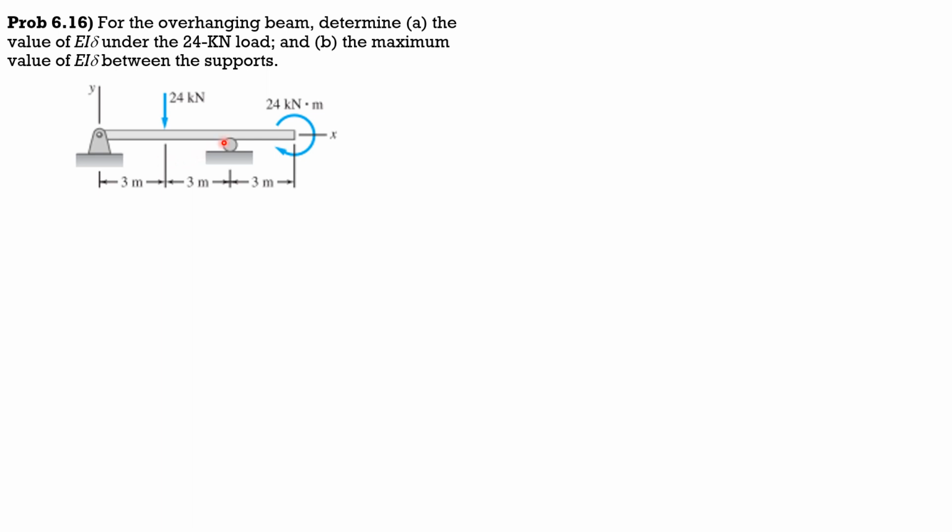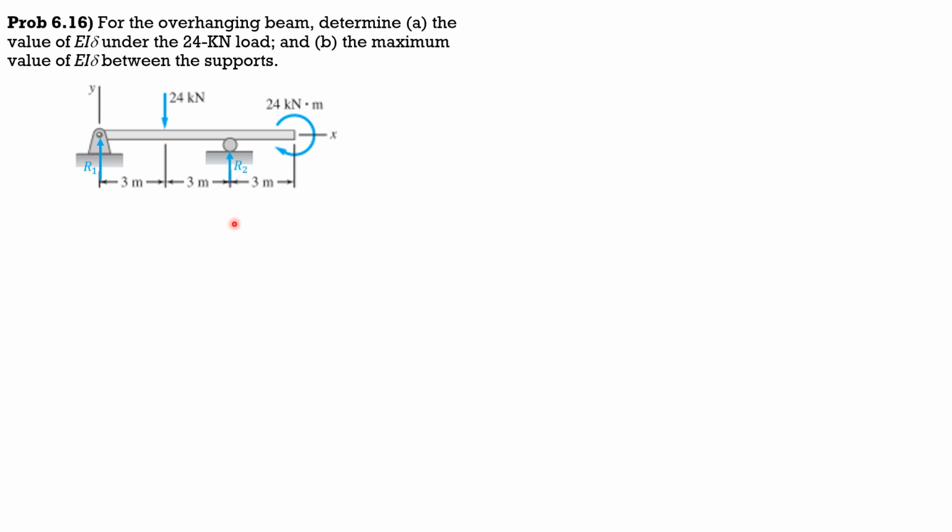Because of this couple here, it is expected that the maximum deflection moves somewhere here. So the location of maximum deflection is less than 3. But let's solve for the reactions first.